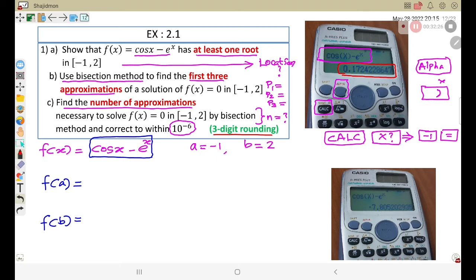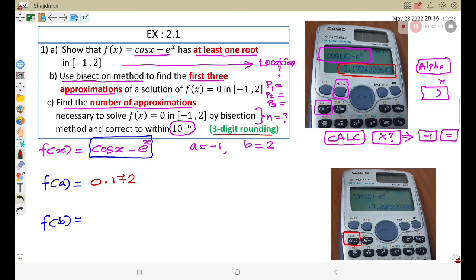So the 3 digit number is 0.172. Now the function is already there in your calculator, cos x minus e power x. Again press the calc button.